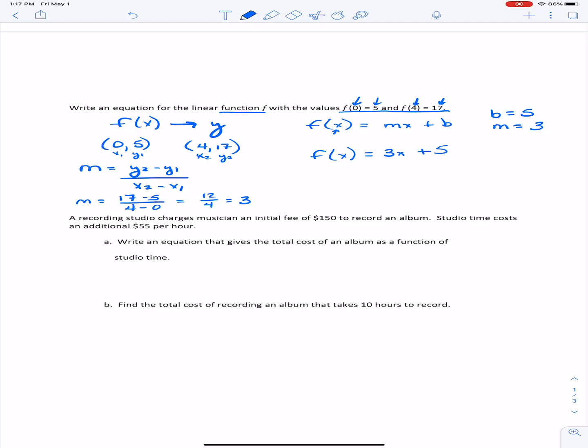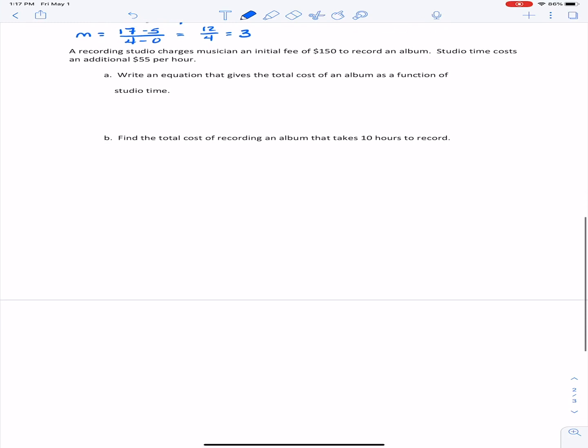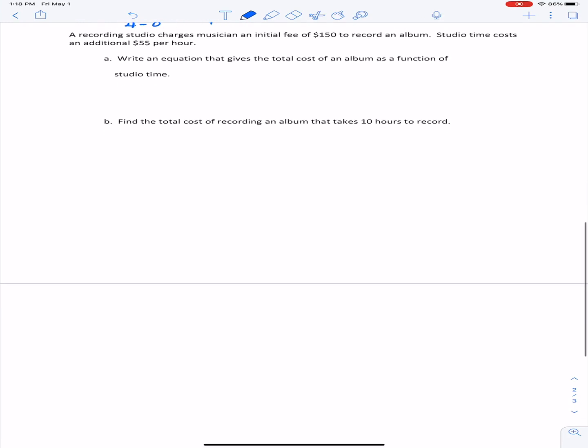Okay? Now, let's look at a word problem where we're going to write a linear equation. A recording studio charges musicians an initial fee of $150 to record an album. Studio time costs an additional $55 per hour. Okay?